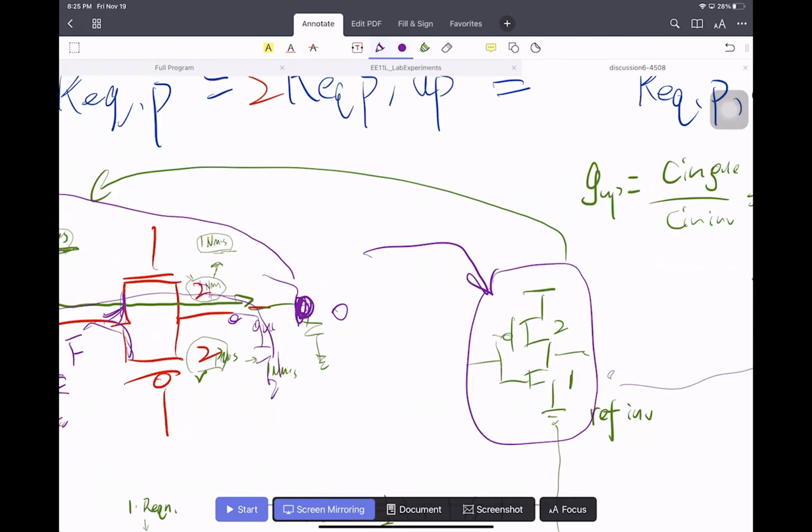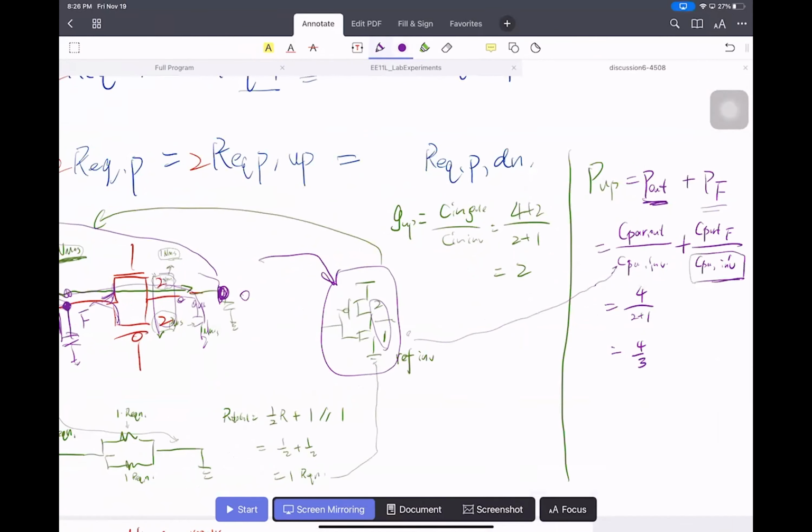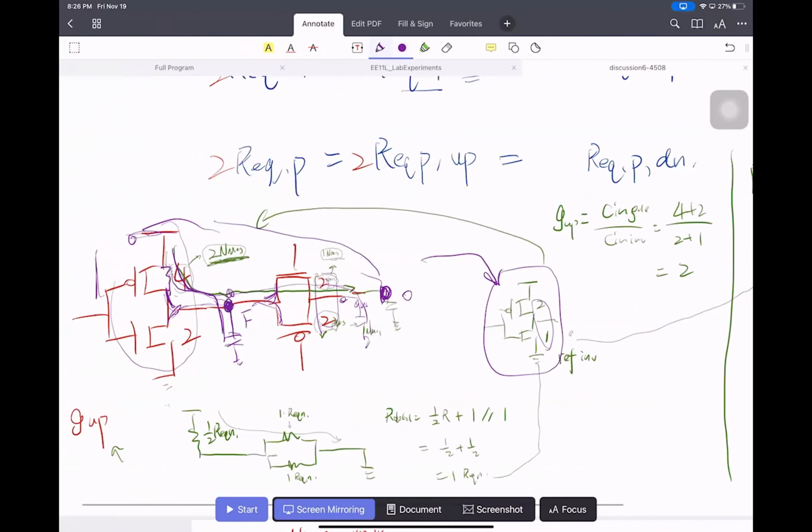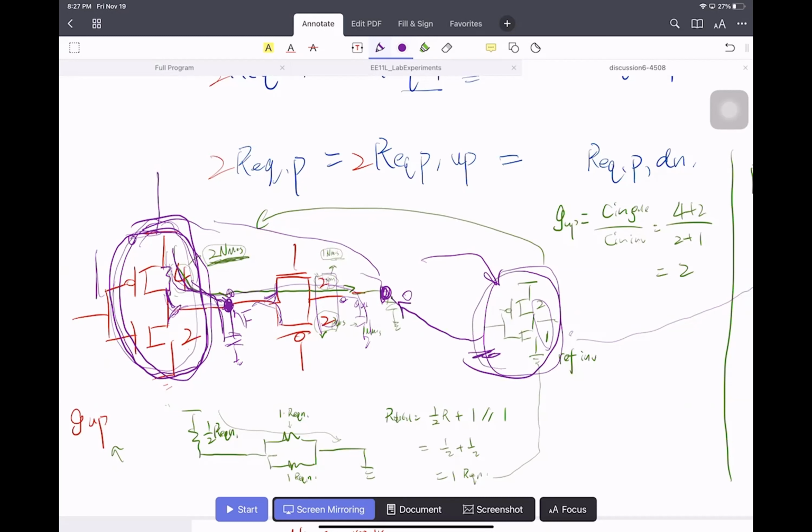And the second part comes from node F, the intermediate node. Similarly, it's C parasitic of node F over the C parasitic of another reference inverter, the reference inverter for node F. Basically for node F, you only use this inverter to charge the output. So for node F, the reference inverter should be this one instead of this one. Because this one is the driving strength from the VDD to output.